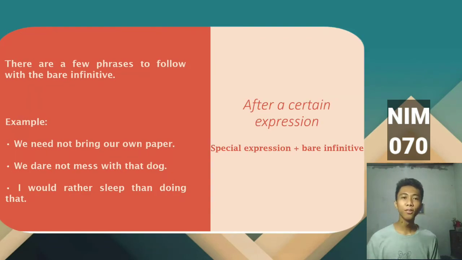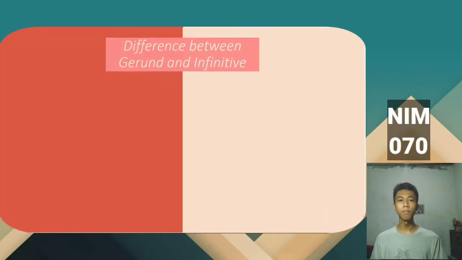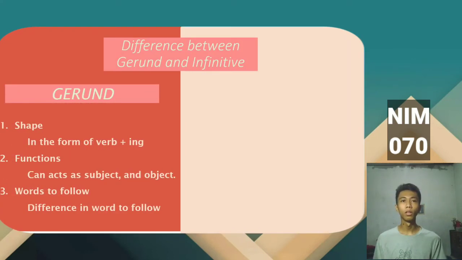For the ending of this video, I'm going to wrap it up by giving the difference between gerund and infinitive. There are some differences between gerund and infinitive. The first one is from the shape, or the form.